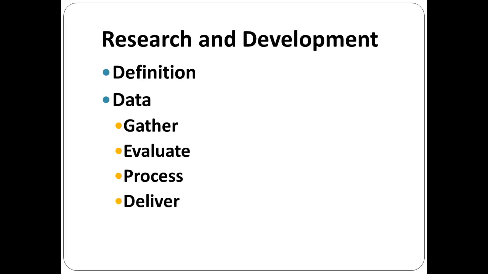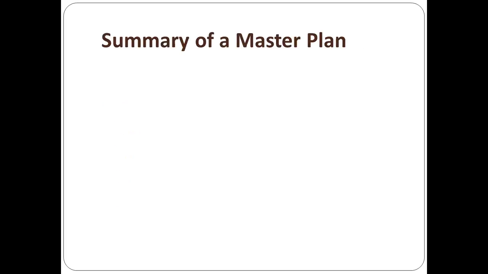So what we're going to go through right now is what data do you have to gather, evaluate, process, and deliver. And so here is a summary of a master plan.